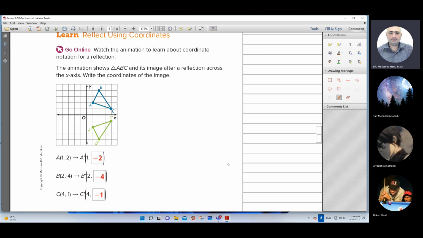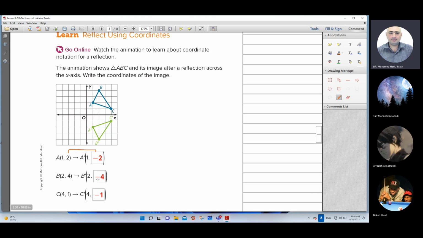As you see in this example, if you compare A and A prime, A is 1 in x, 2 in y, and A prime is 1 in x, -2 in y. So as we see, we have the same x but the opposite y. Why opposite y? Because the reflection is across the x-axis. When the reflection is across the x-axis, we have the same x but the opposite y.